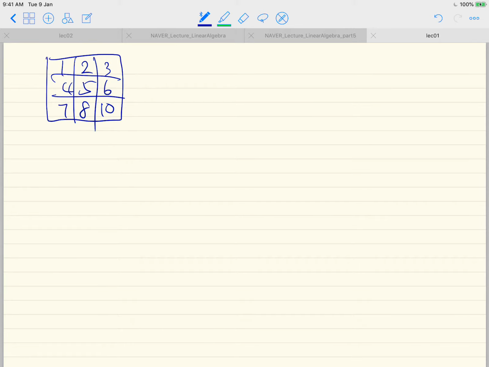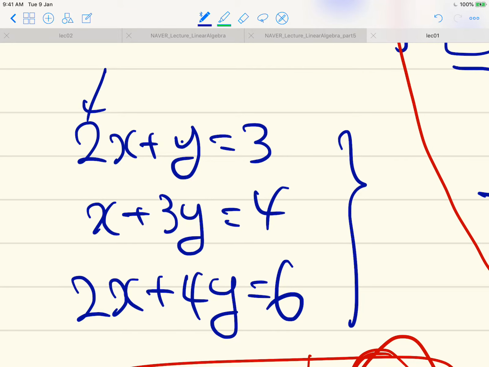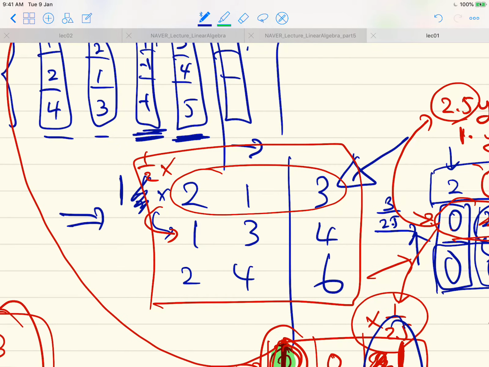We basically do the Gaussian elimination on this matrix, even though this is not a matrix representation of a set of equations that we are initially given. In the case of solving linear systems, the starting point is that we are given the set of equations, and then we represent it as a matrix and apply the Gaussian elimination, right?